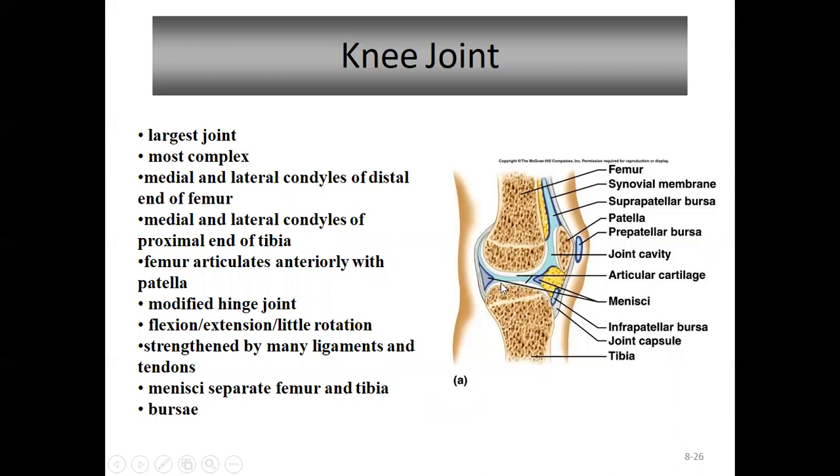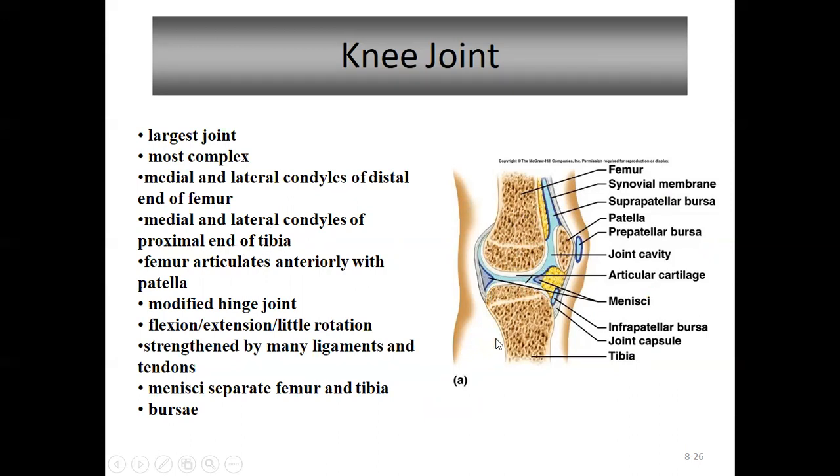You have your articular cartilage. You have your synovial membrane with the synovial capsule that is filled with synovial fluid. That's another joint capsule. So all of those are there. You have your medial and lateral condyles of the proximal end of the tibia.